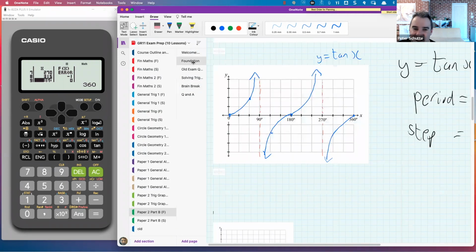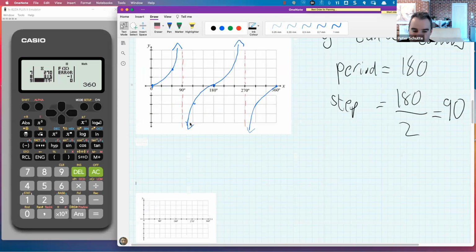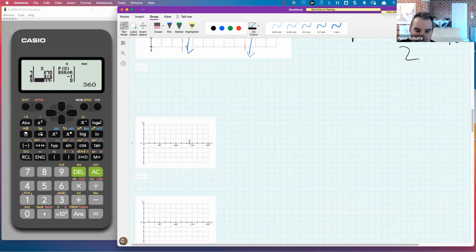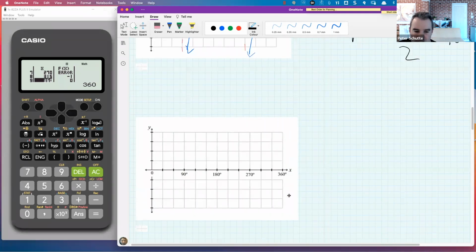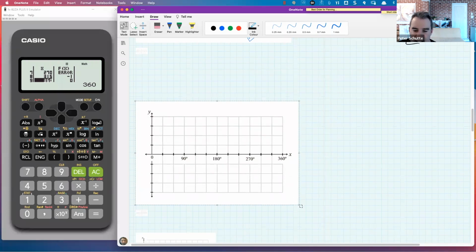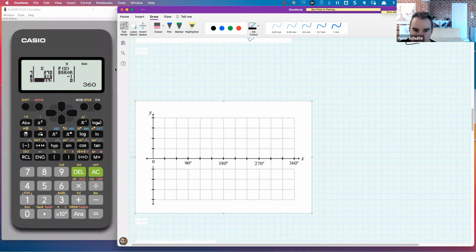Okay, let's return to trig graph land. So let's change it up a little bit. Maybe let us do an example of a different type of graph. So let's do sine 2x.